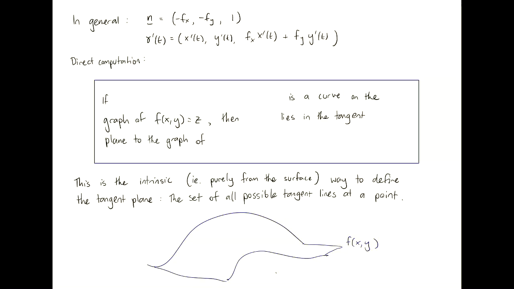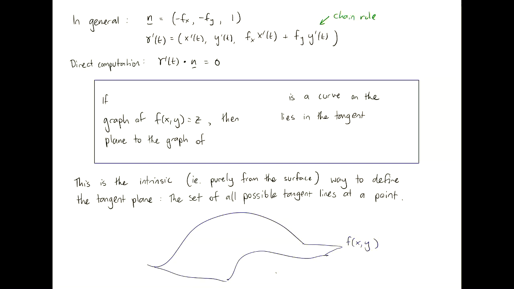And by direct computation between those two things, let's just remind ourselves that we use the chain rule here. By direct computation, just looking at those two quantities, we can see that gamma dashed of t dotted with n is equal to 0. Minus fx times x dashed minus fy times y dashed plus fx x dashed plus fy y dashed equals 0. The normal is always orthogonal to any tangent vector you might construct.